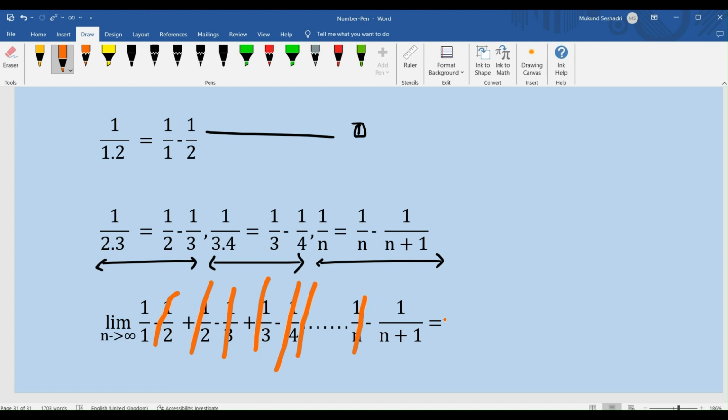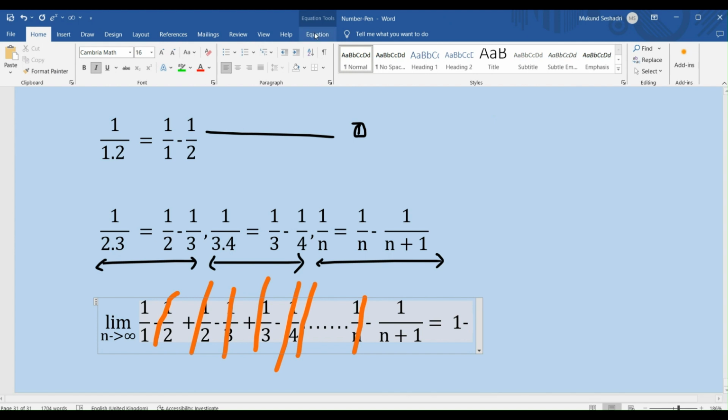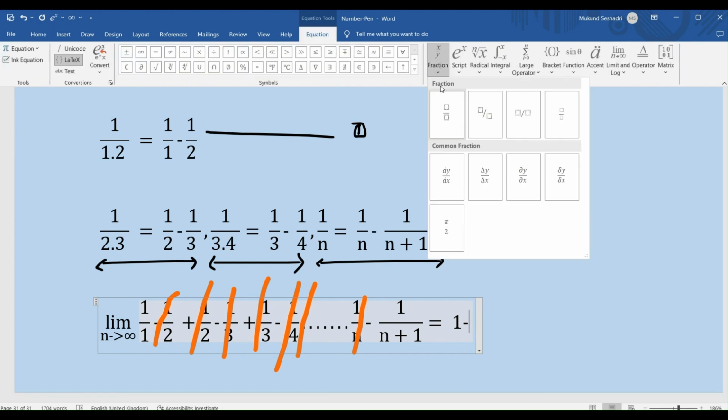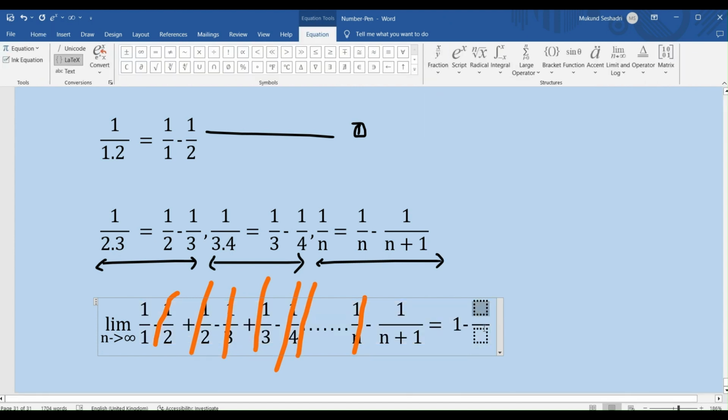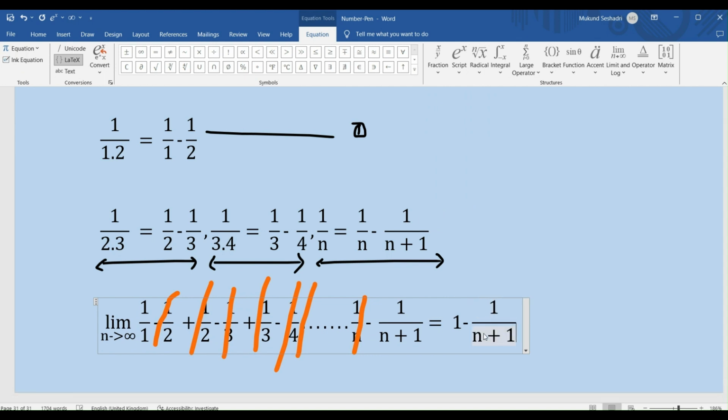So I will be left with 1 minus 1 divided by n plus 1. As n tends to infinity, the second part of this expression comes down to 0. And so we have 1 minus 0, which is 1. And there you have the answer for this problem.